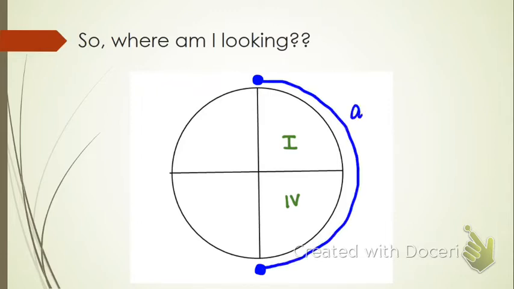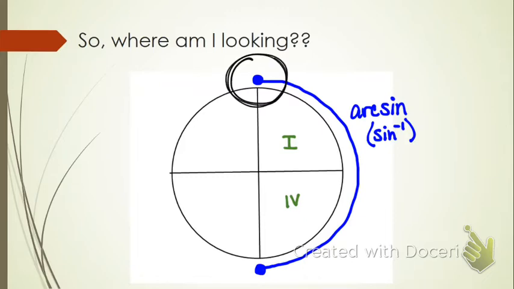Here's my arc sine, or sine using my inverse notation. Same thing, we talked about that yesterday, right? What's this angle up here? 90 degrees, or in radians it would be pi over 2.